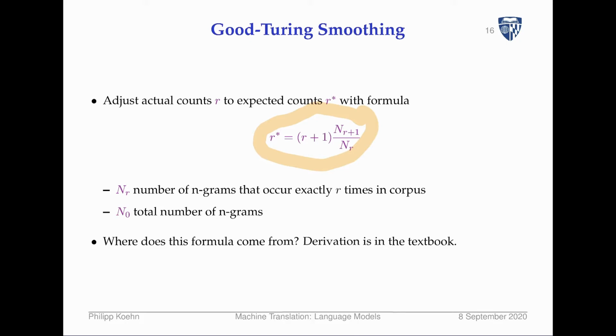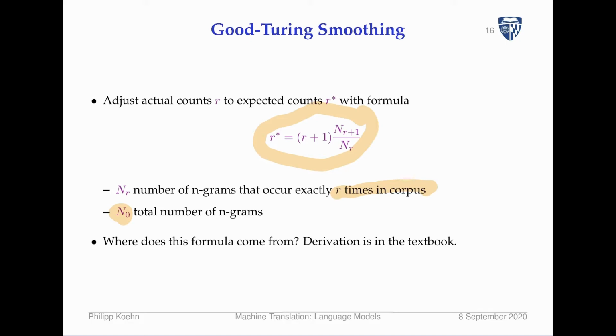So r is the number of times something occurs, and N sub r is how many n-grams occur that often. So we already had n1, how often things occur that occur once, and so on. N sub r is the number of n-grams that occur exactly r times in the corpus. We're also going to come up with n0, the number of n-grams that occur 0 times in the corpus. Well, for that we're going to use the total number of n-grams.